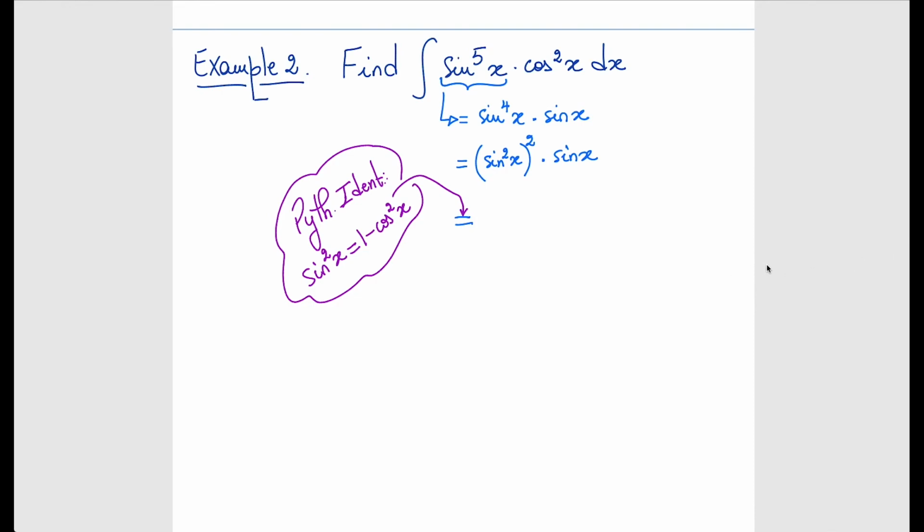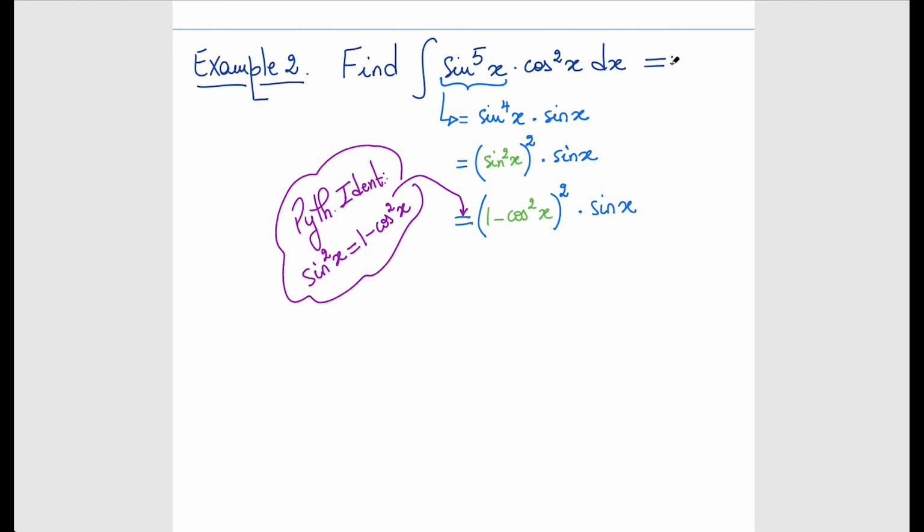Okay, so let's write that. This is then equal to 1 minus cosine squared x squared times sine x. And let me be very clear here: this is the guy that got replaced by this thing. All right. So therefore, this integral that we have, how about we give it a name?